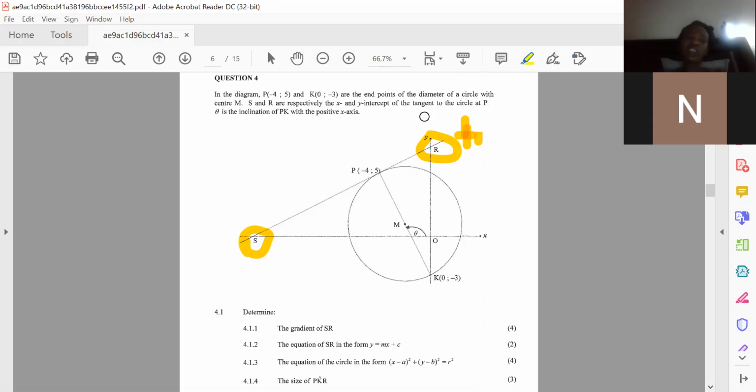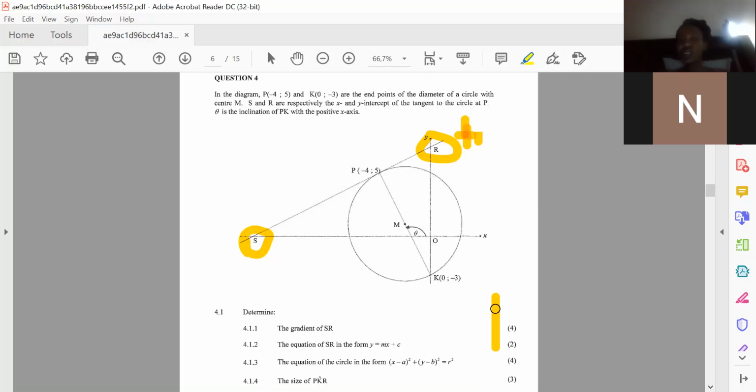Then the first question is to determine the gradient of SR. And then the next question will be to determine the equation of SR. So once we determine the gradient of SR, we need to determine the equation of SR. After that, we need to determine the equation of the circle in that form. And then at the end, get the angle PKR.